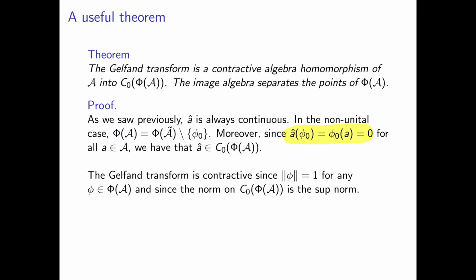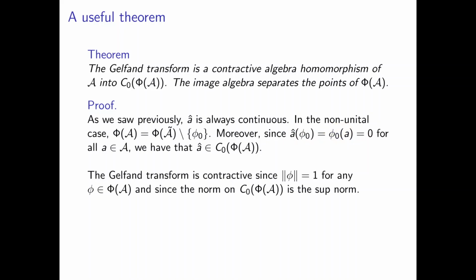So the norm of a hat must be equal to the supremum over phi. And now I'm not really considering phi to be this phi 0, but just any phi, really. Then this would be equal to this expression here, but phi of a, no matter what a is, this expression can never have larger absolute value than the norm of a. So that's why we see quickly that it's a contraction.